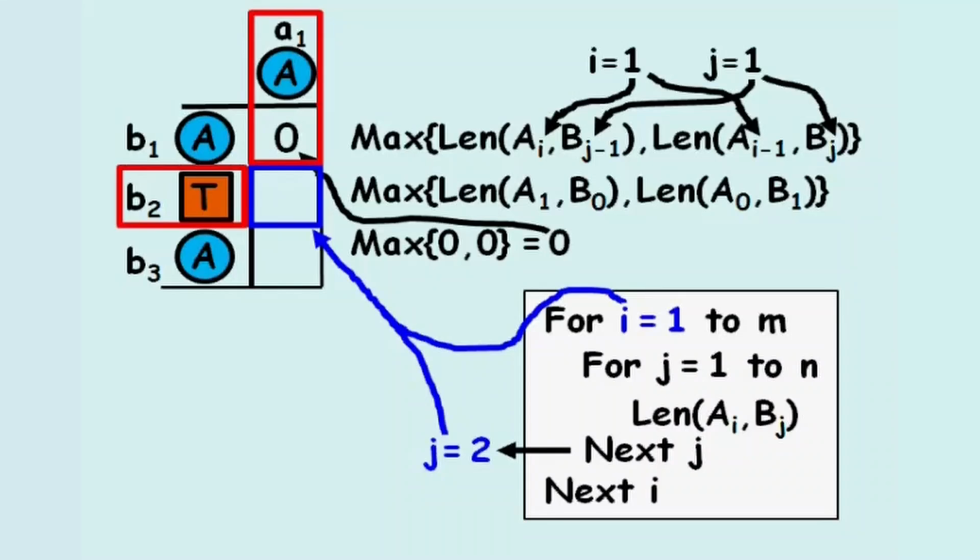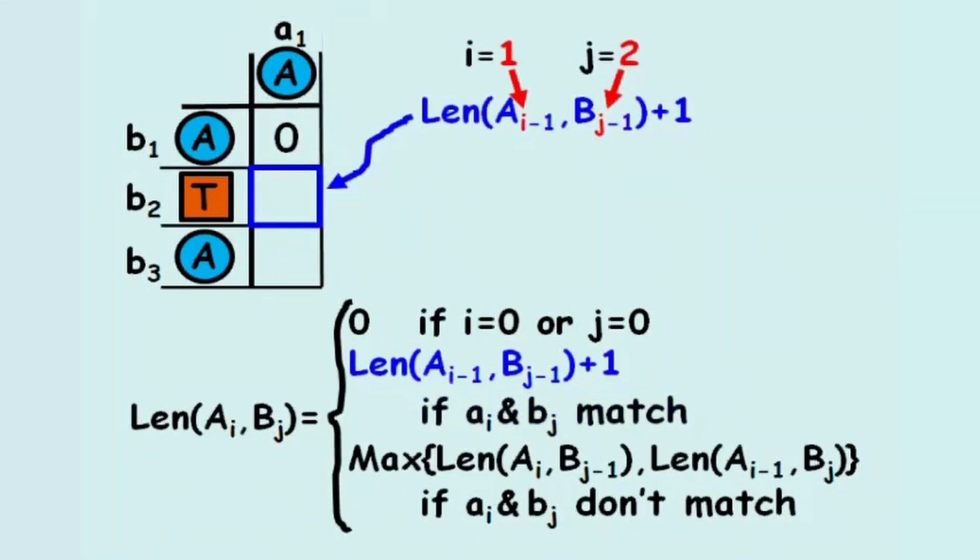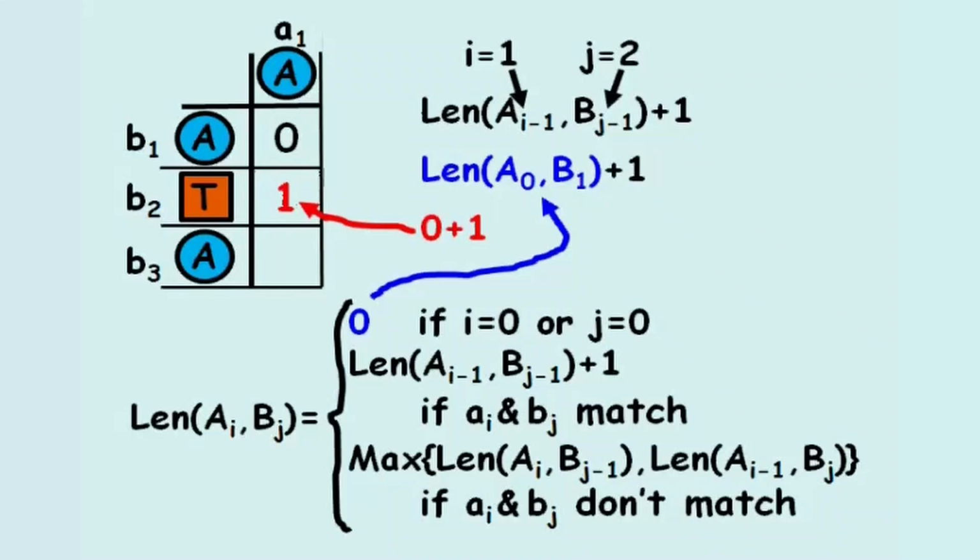Therefore, length A1,B2 equals the length of Ai-1,Bj-1 plus 1. After plugging in 1 for i and 2 for j, we know the length of A0,B1 is 0, because the string A index is 0, and 0 plus 1 equals 1.